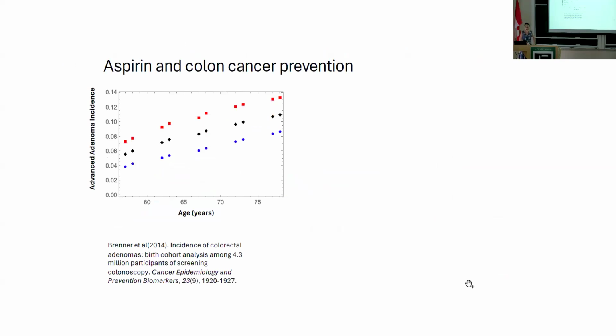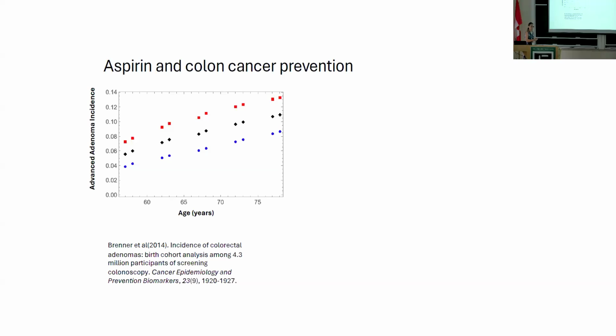So now let's look at the incidence of advanced adenoma in the general population. These are data from an epidemiological study. This is not the study of nurses, it's a general population, no aspirin. This is the incidence as a function of age, a standard age incidence curve.